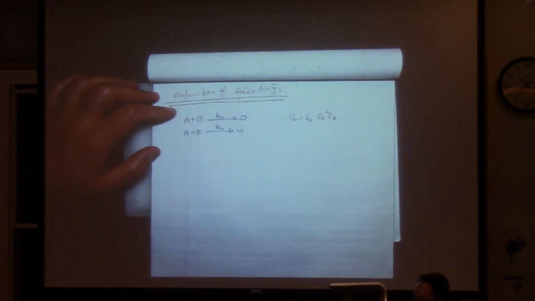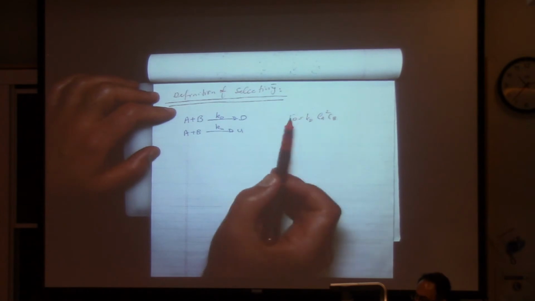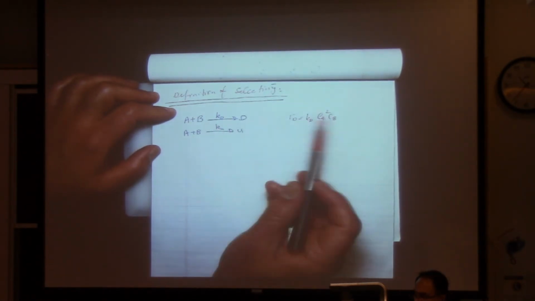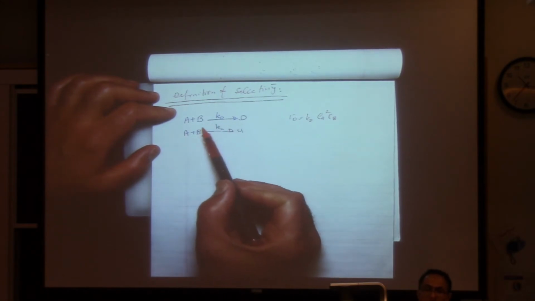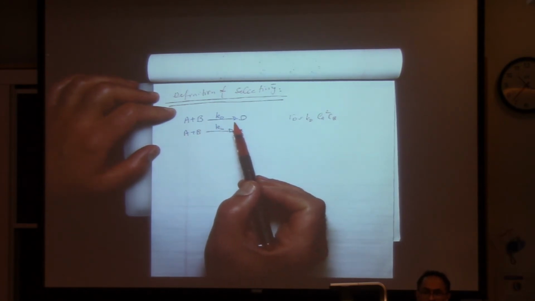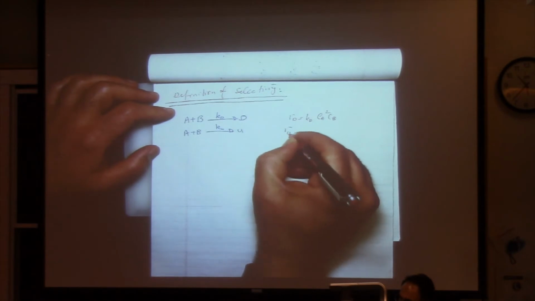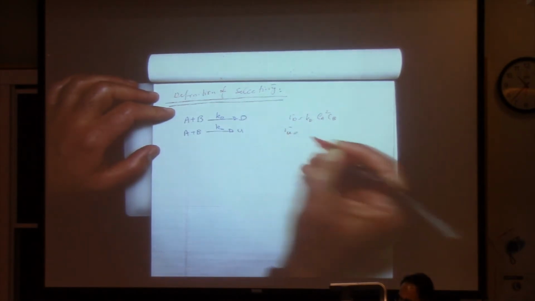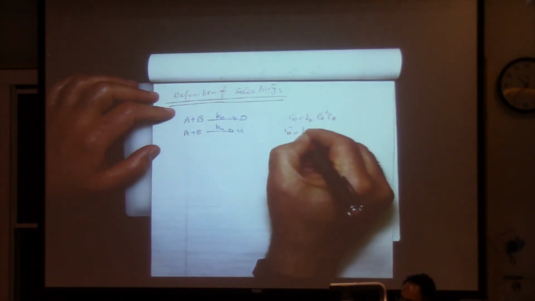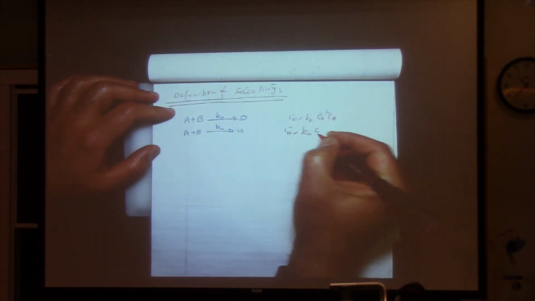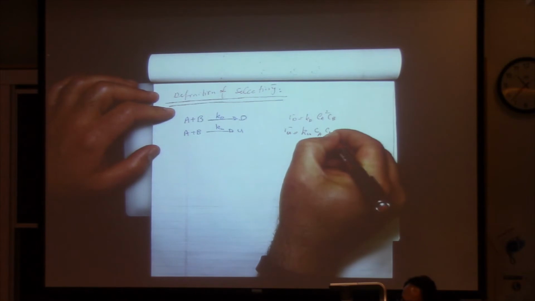And obviously, this rate doesn't follow the elementary rate law, otherwise you would have written CA times CB. Okay? So not all reactions follow the elementary type of reactions. So RU, the rate law for the undesirable reaction, is KU CA CB squared.